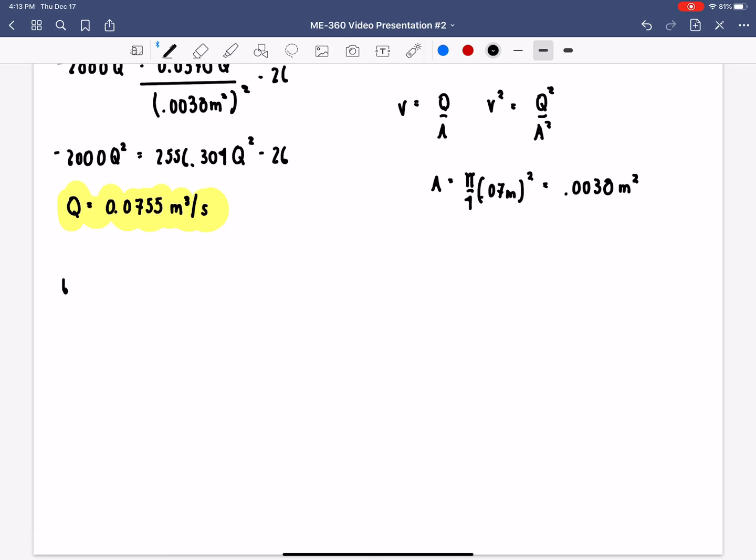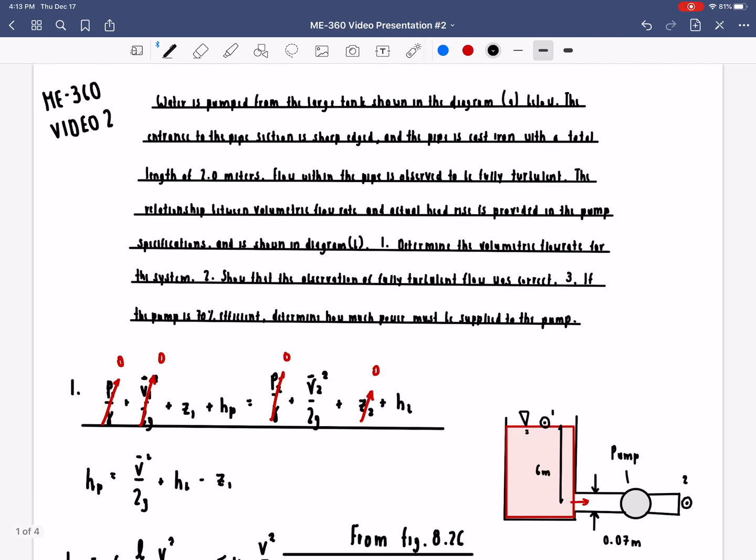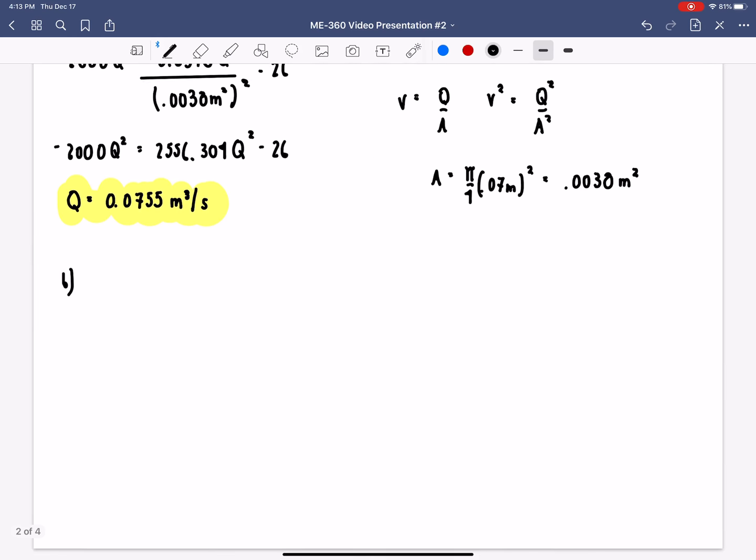And part B wants to know, going back to our problem statement, show that the observation of fully turbulent flow is correct. So in order to show that, we need to calculate Reynolds number. And we know that if Reynolds number is greater than 4,000, we are turbulent. So Reynolds number can be calculated as velocity times diameter divided by kinematic viscosity.